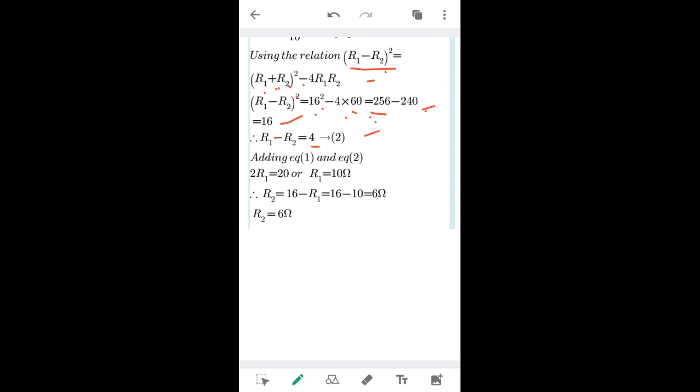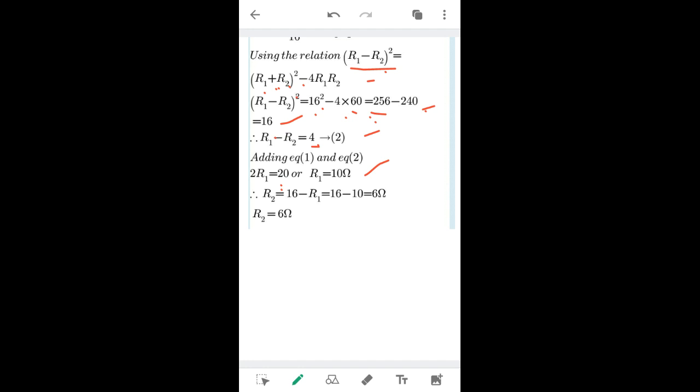Adding equation 1 and 2, we get 2R1 equal to 20, that means R2 gets cancelled. It was 16 there, now 16 plus 4 will be 20. Therefore 2R1 equal to 20, R1 equal to 20 by 2 equal to 10.